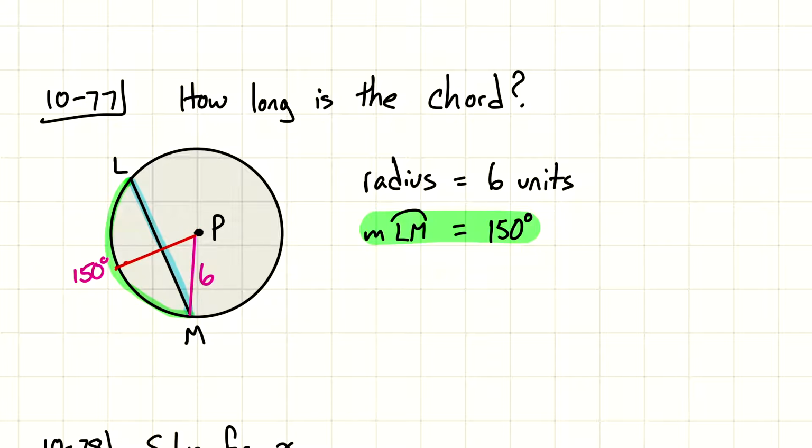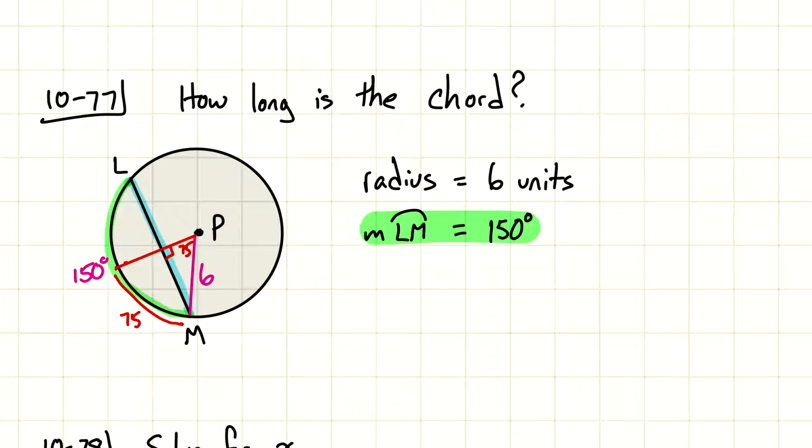then what we do know is a measurement of an angle. So that must mean that this angle is half of 150, which is 75, which means this is a 75-degree angle there.